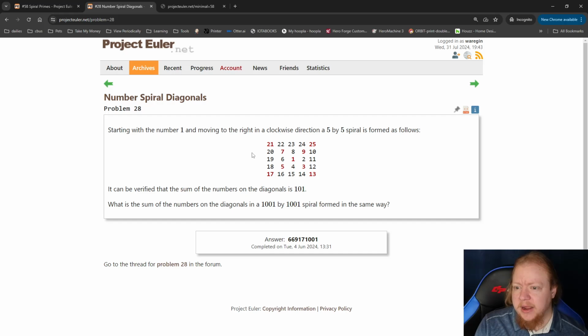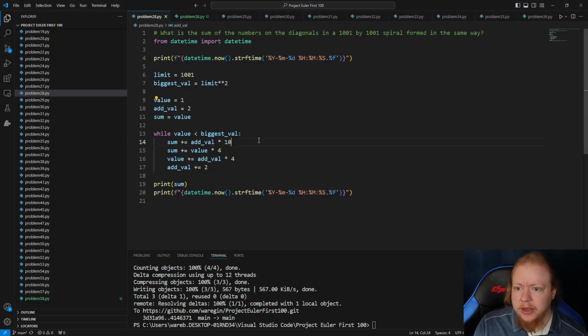And then we would add 6, and so on and so on. So how I've written the code here is sum plus equals add value times 10, and then value times 4.